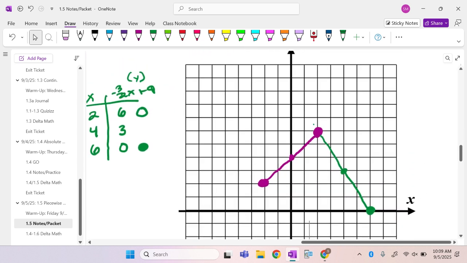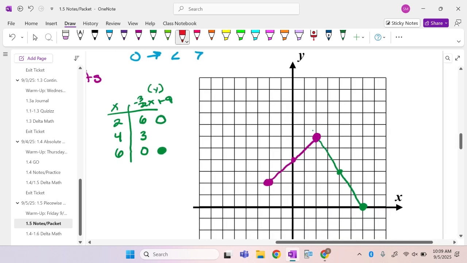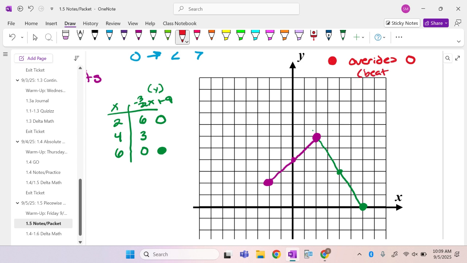All right, so make a note that closed circle overrides open circle. Or you can also put beats open circle.